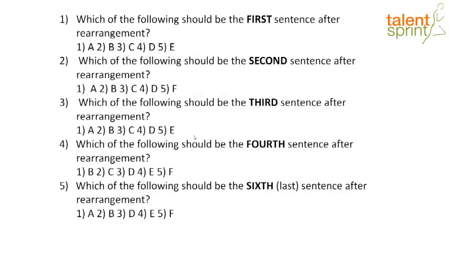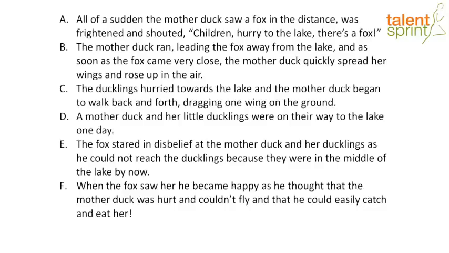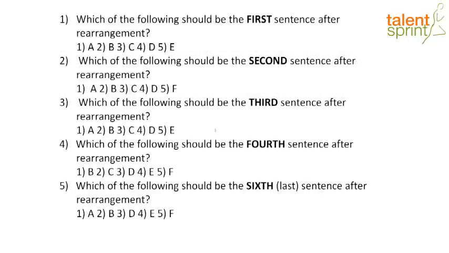Third question. Which of the following should be the third sentence after rearrangement? Third sentence we know is the ducklings following the mother's instructions. So the ducklings hurried towards the lake and the mother duck. That's sentence C, but which option is it here? It's in the third option itself. For the third question, the answer is option 3, C. Fourth question.